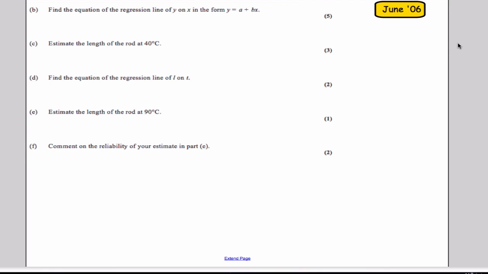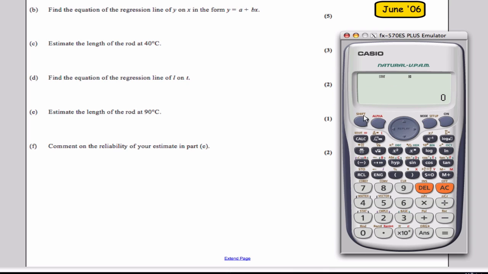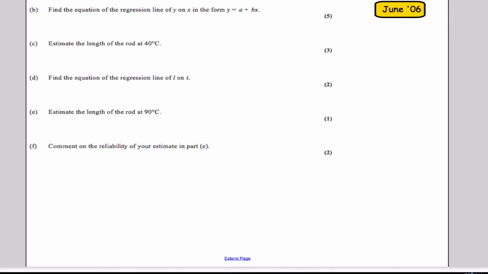All right. Find the equation of the regression line of y on x in the form y equals a plus bx. Okay. Again, let's use the calculator to do the hard work here. One stat regression. The value of a is this, 0.3243641111. So 0.324. Let's go with that. So that's A. A equals 0.324.